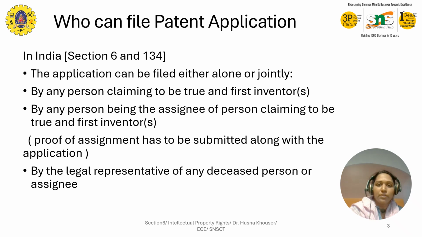Or the assignee of the true and first inventor, or the assignee of the assignees, as described in Section 2(1)(ab), that is, the legal representative of the true and first inventor. The legal representative is defined by Section 2(1)(k) as a person who represents the estate of a deceased person.